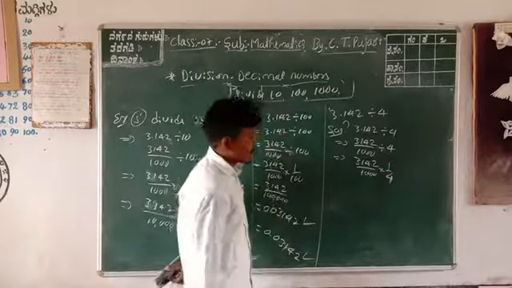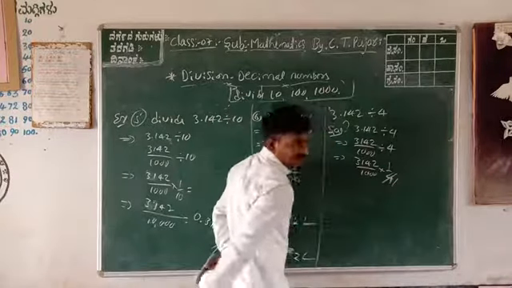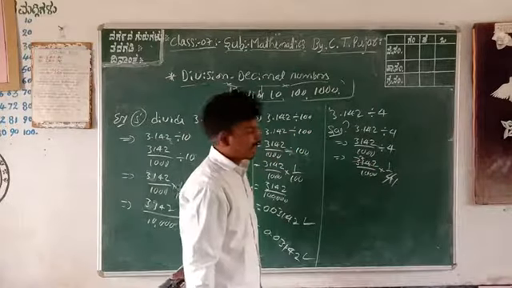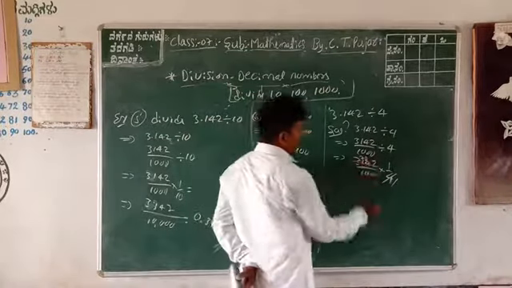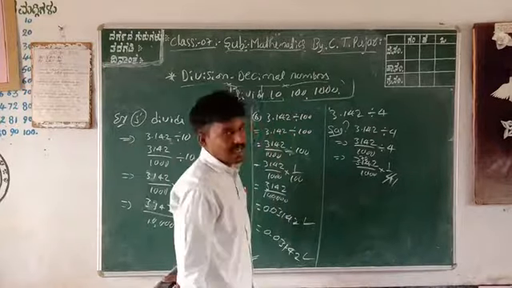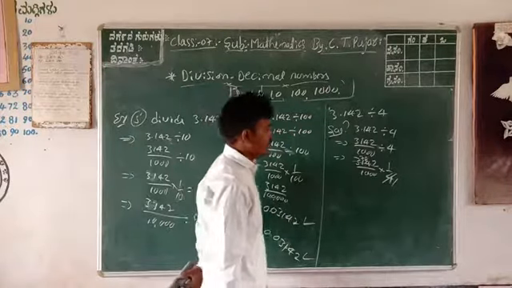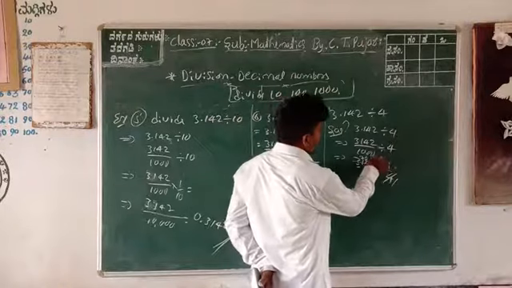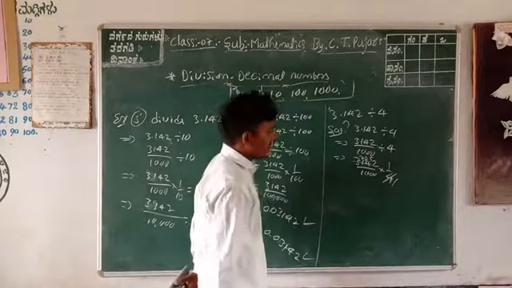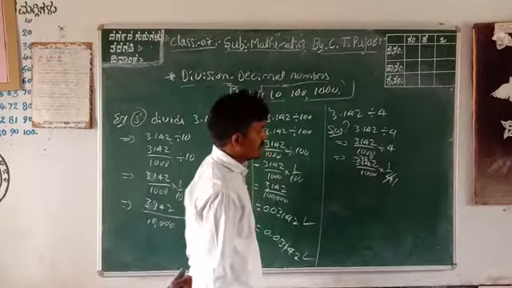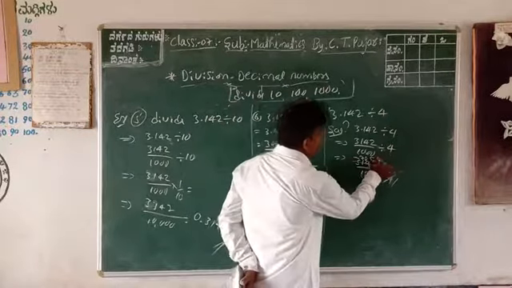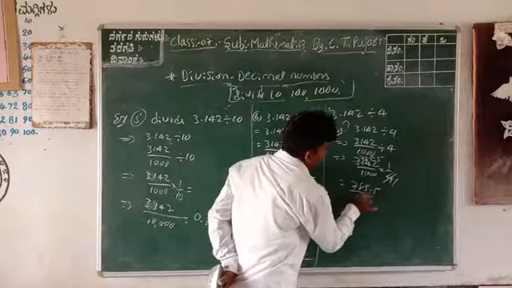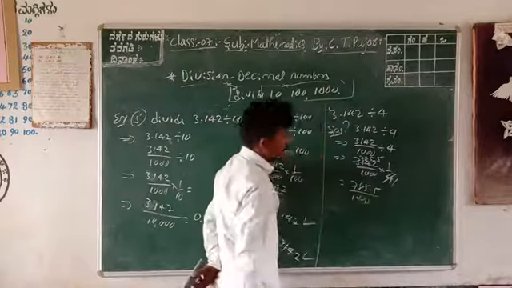Next, cancellation. 4 ones are 4, 4 sevens are 28, again 3. 4 eights are 32, remaining 2. 4 fives are 20, remaining 2. Then 0.5. Therefore 785.5 divided by 1000.